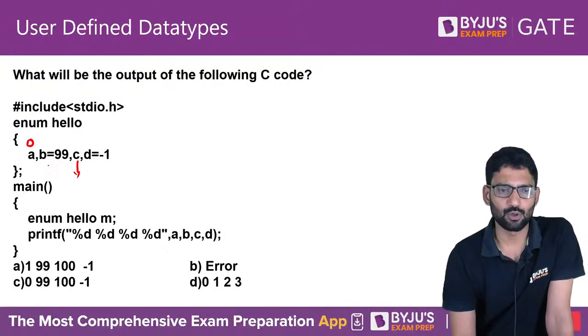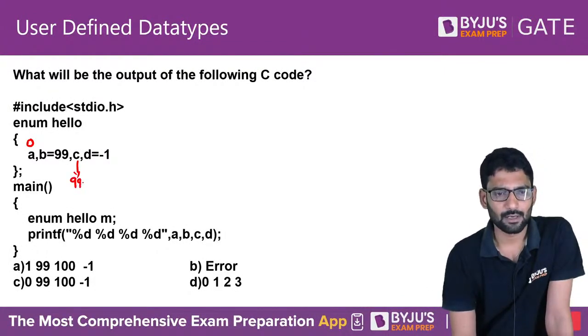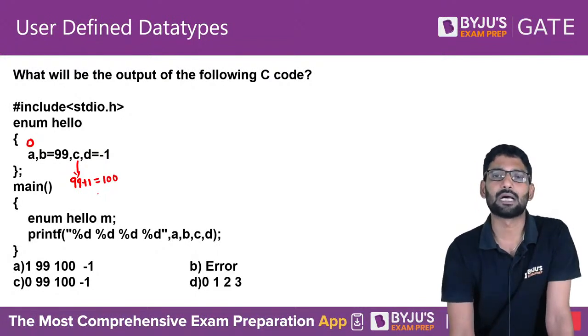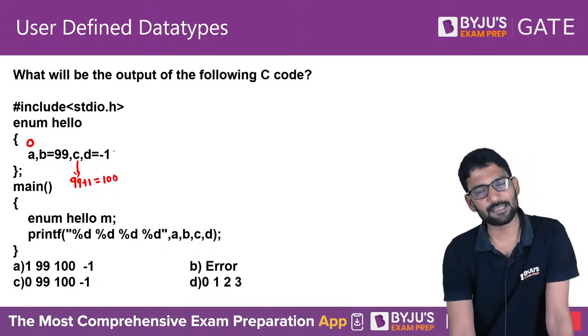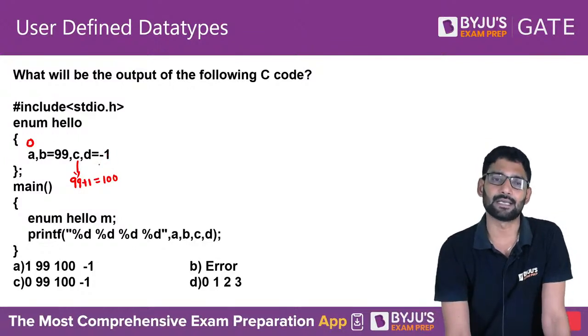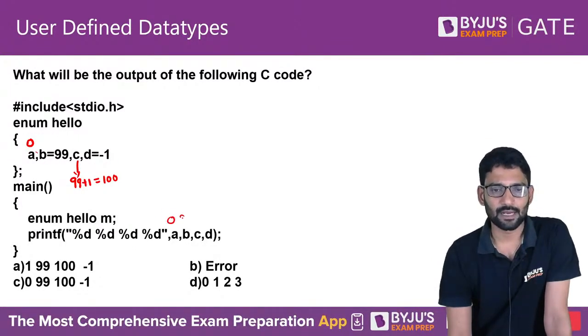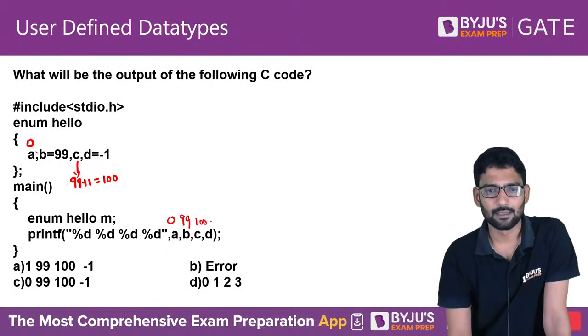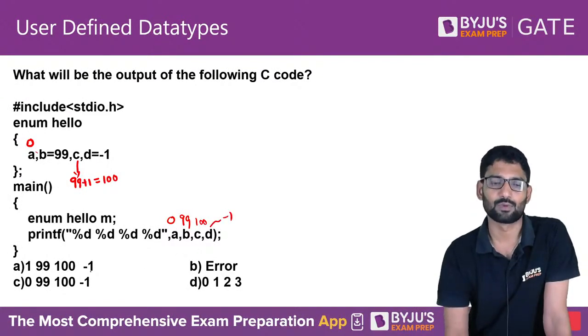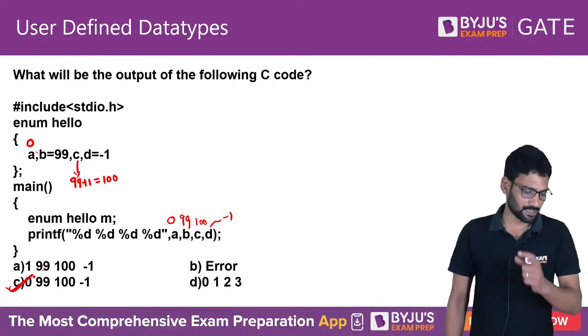Yes. So it will take the previous value plus 1, so 99 plus 1, 100. D is explicitly assigned? Yes. So it will take 0, 99, 100 and minus 1. Exactly, the right answer would be option C.